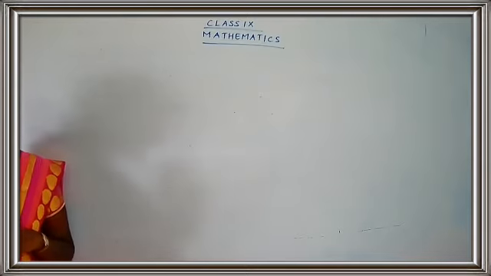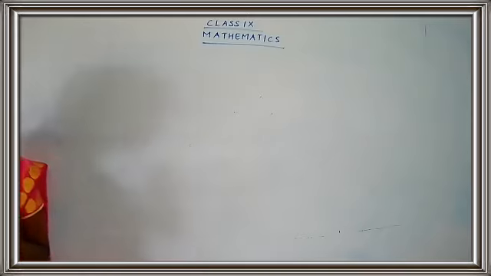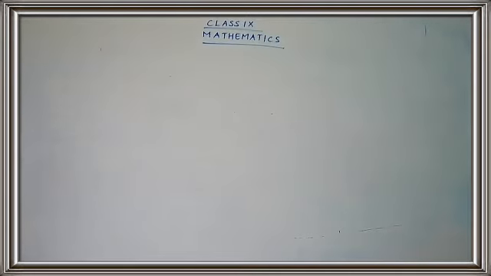Okay, children. So today we are going to continue with the remaining sums. So I would like you to take down your classwork. Take down your classwork, children. Write down today's date and day.